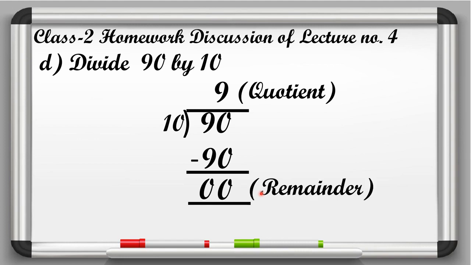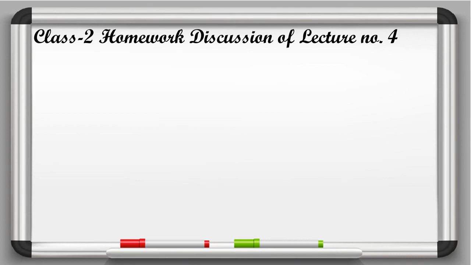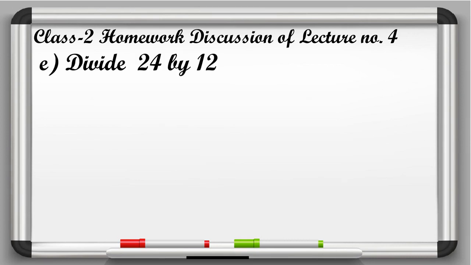Our answer is quotient 9, that is Q9 and R0. Understood? Now you have to practice division sums with the remainder. Understood?